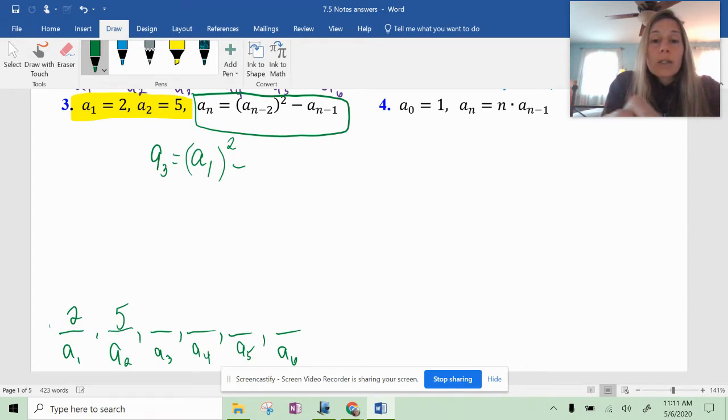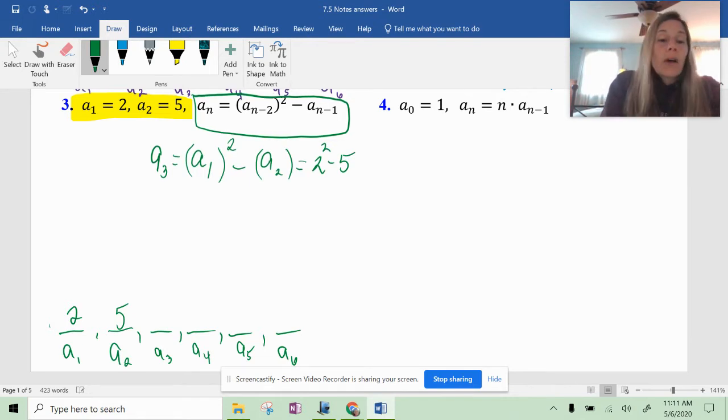Well, 3 minus 1 is 2. So basically you're taking the term in the sequence that's 2 before it, and then subtracting the term that's 1 before it. So in this case, that would be 2 squared minus 5. 2 squared is 4. 4 minus 5 is negative 1.